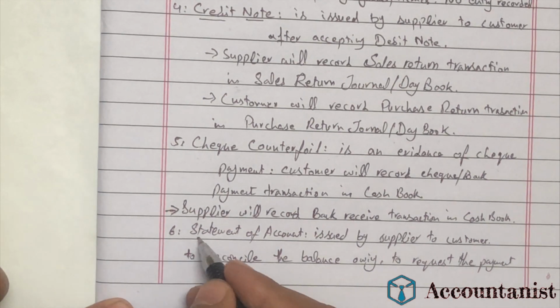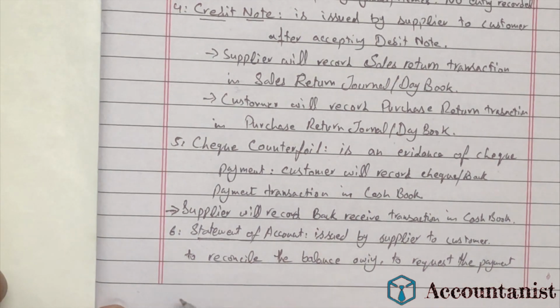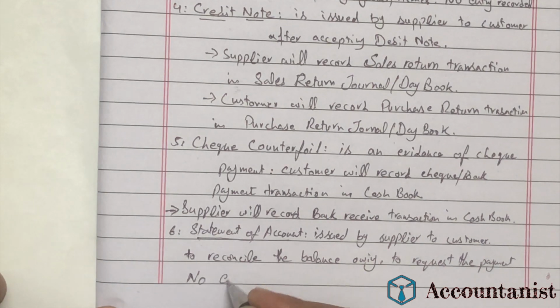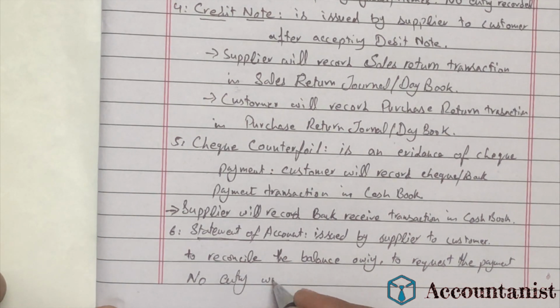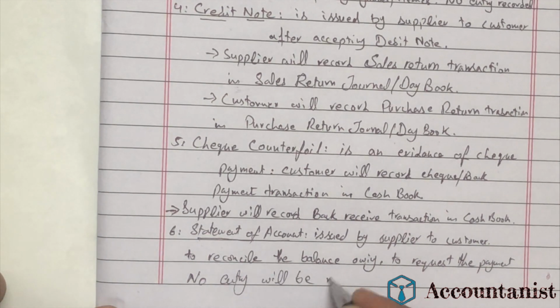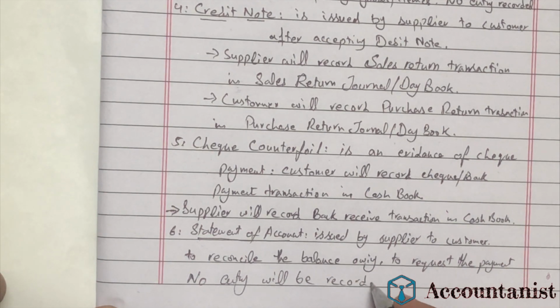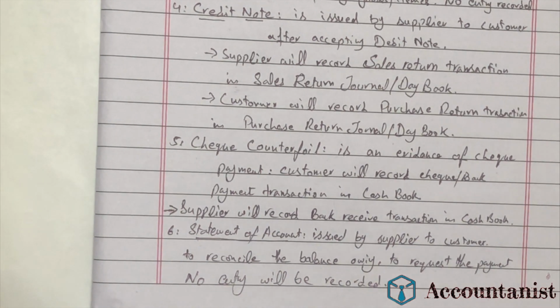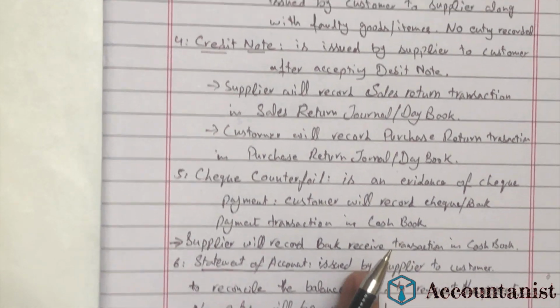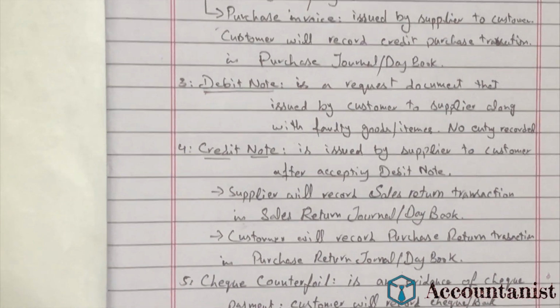In this document we do not record any entry, so no entry will be recorded. So this is what we have in the business documents. These are the documents that we have in O-levels and IGCSE syllabus.